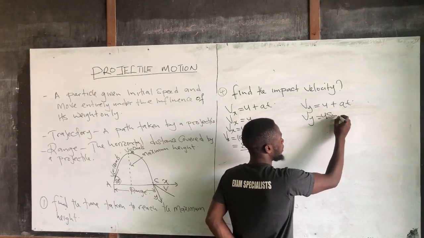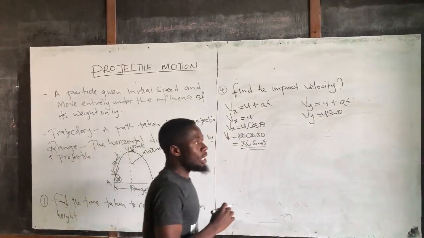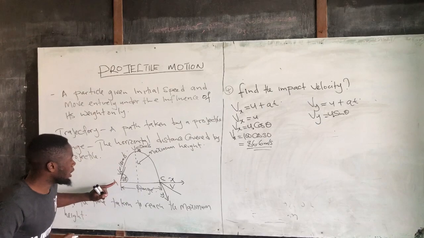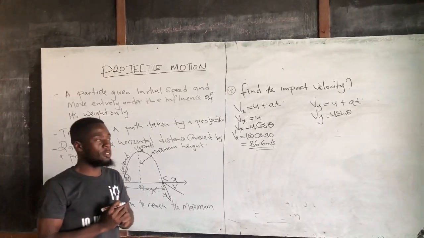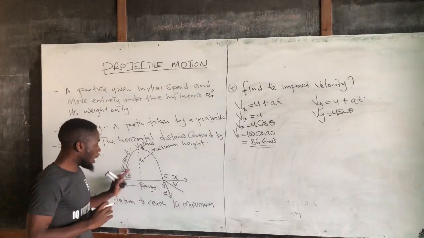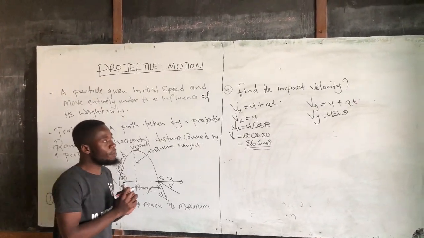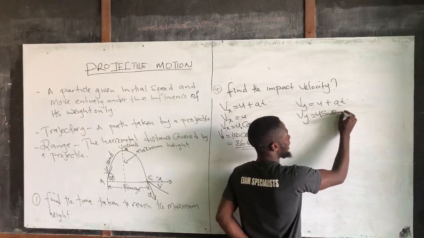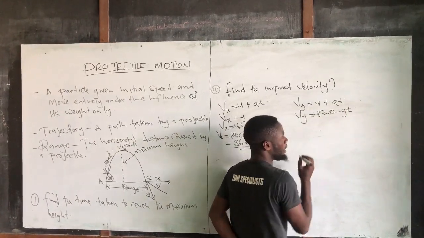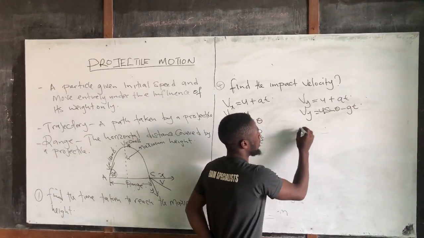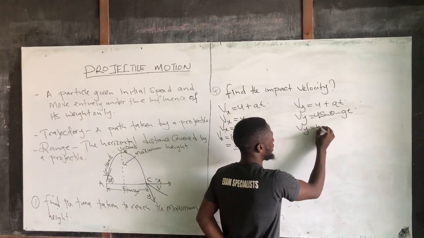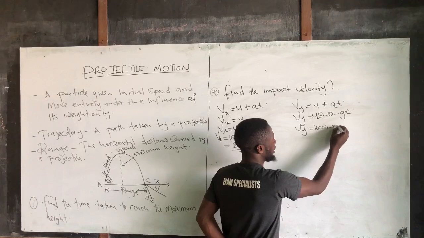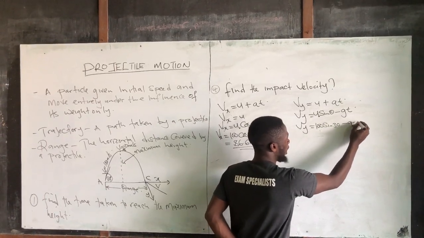If you kick a ball, it is going up against gravity, so gravity will be negative: minus gt. So Vy is equal to 100 sine 30 minus 9.81 times t.